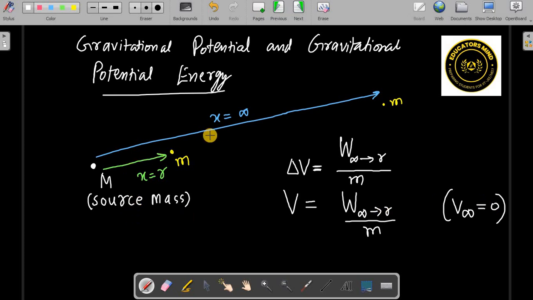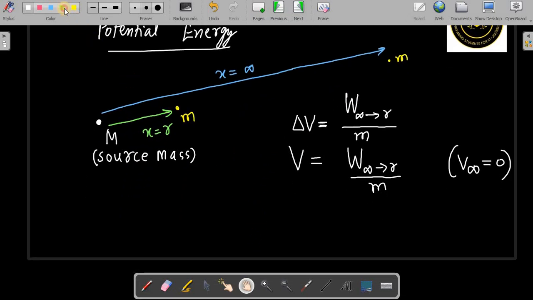Now let's understand how to calculate the work done. For that you take any instantaneous point, and assume the particle is at this point while you are moving it. When you are moving it, the force of gravitation is acting in this manner.